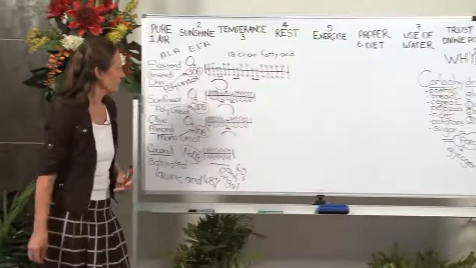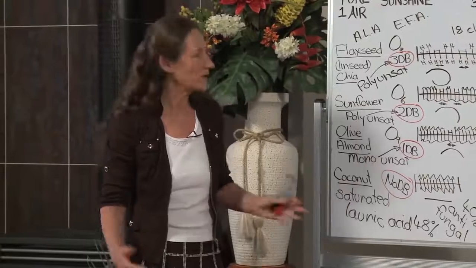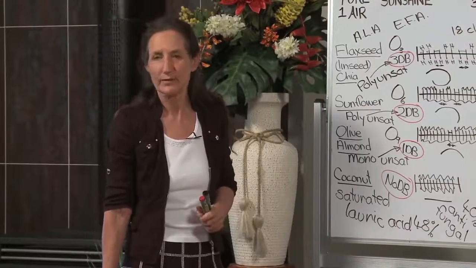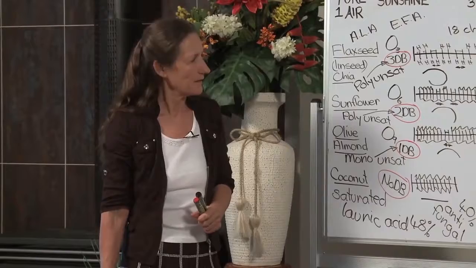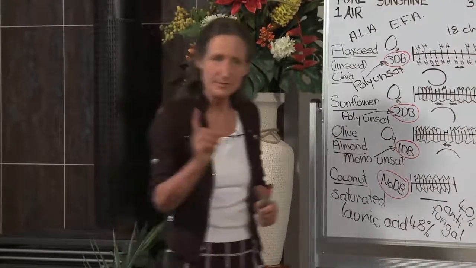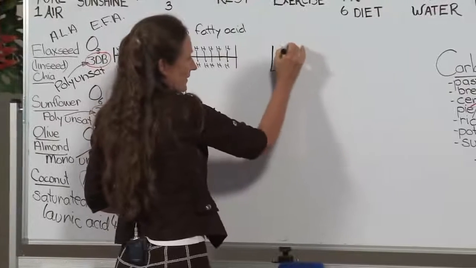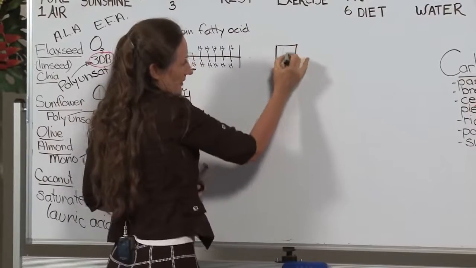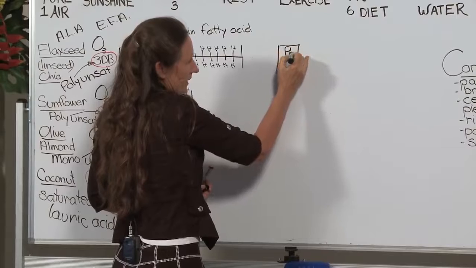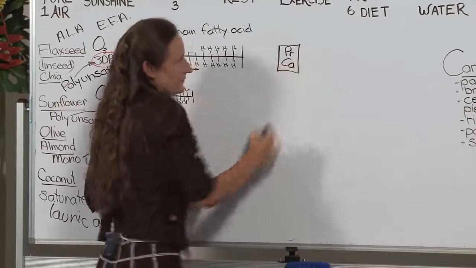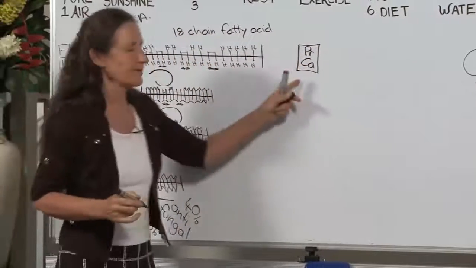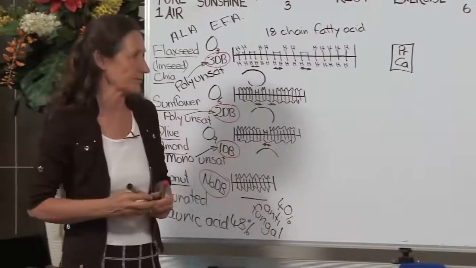The question is asked, where do we get our calcium from if we're not eating any dairy products? Let me show you. This is a glass of milk. And this milk is high in protein and it is high in calcium. But animal protein is very dirty burning fuel.